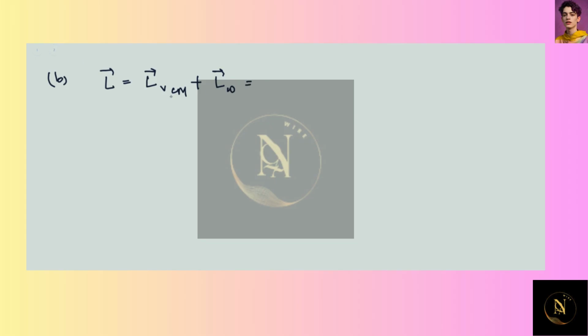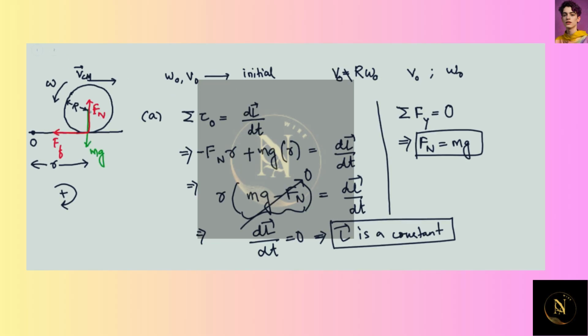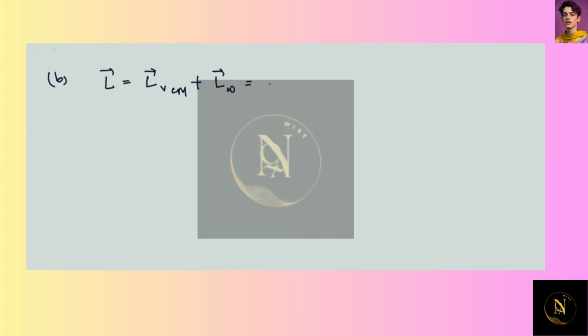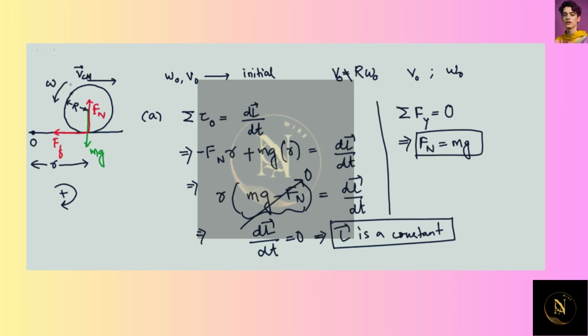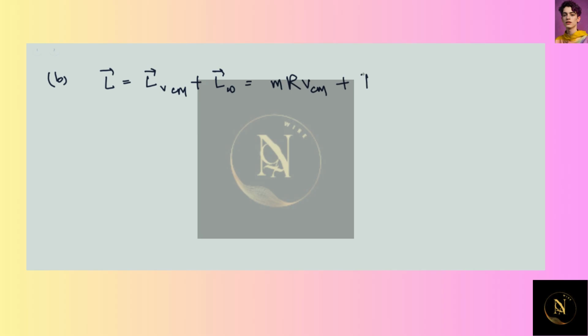The angular momentum for the center of mass will be m r times the velocity of the center of mass. So we have mass times the radius times the velocity of the center of mass. And the angular momentum due to the rotational motion of omega will be equal to I times omega.